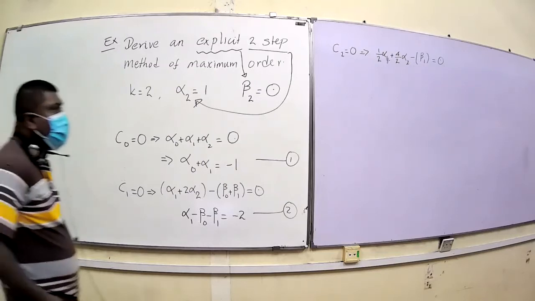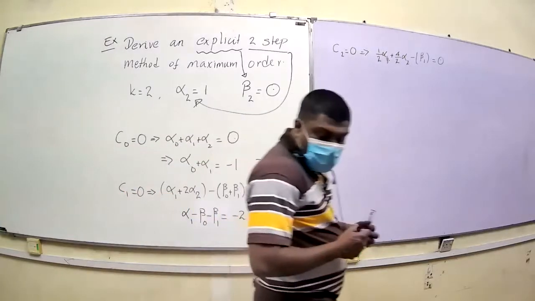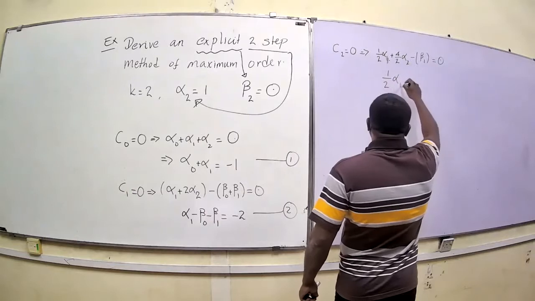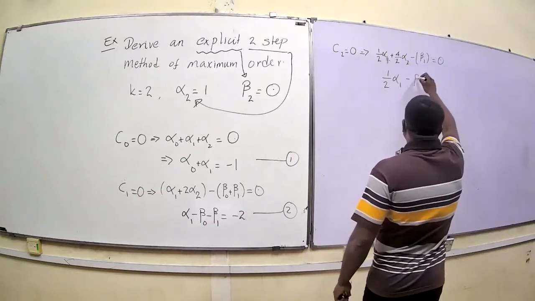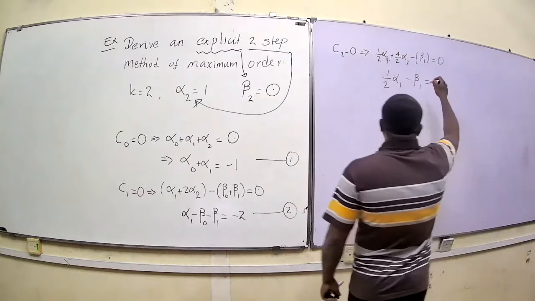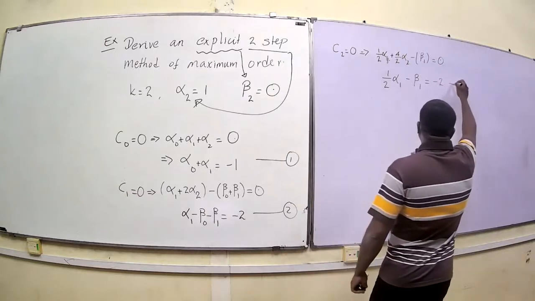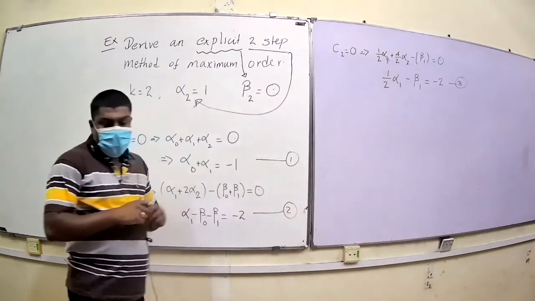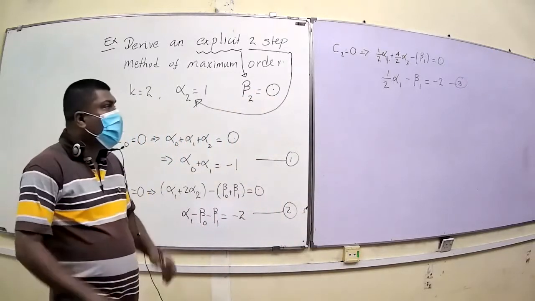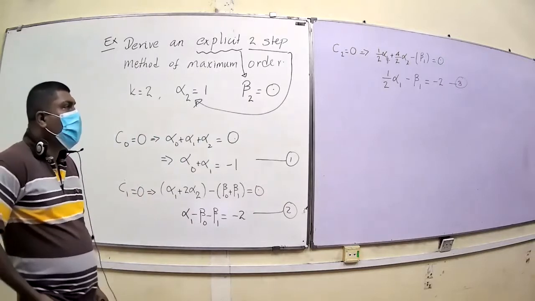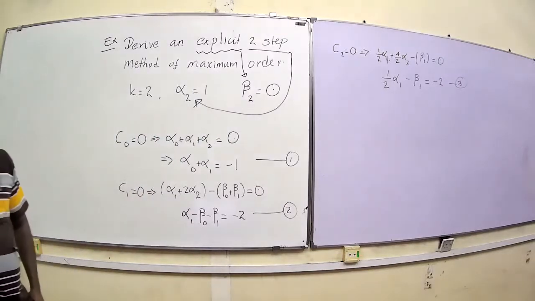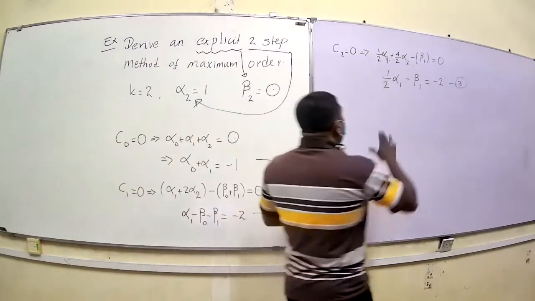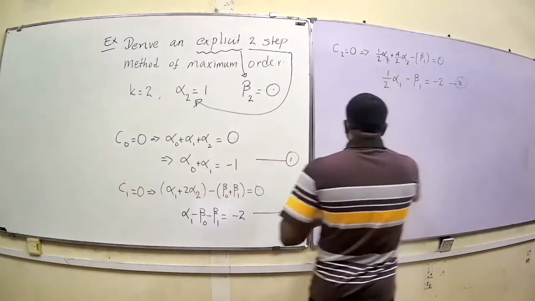So this gives you one half alpha 1 minus beta 1 is equal to 2 minus 2. That is your third equation: half alpha 1 minus beta 1 is equal to minus 2.